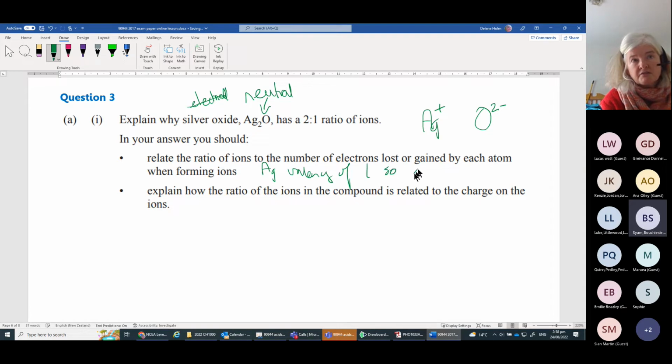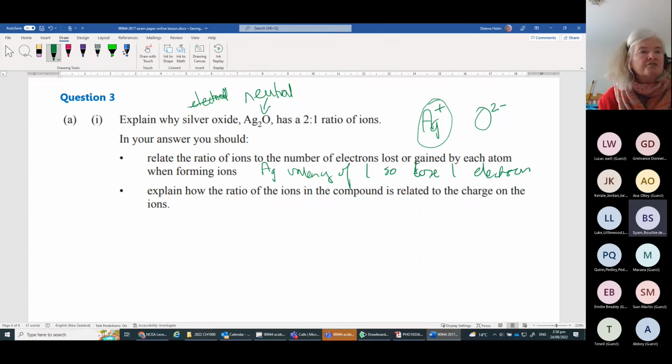so loses 1 electron. Now, as I say, silver is one of those ones that is the odd one out, and lead is as well. But at least here you can just simply say I need 2 silver cations to balance the negative charge on 1 oxide ion.